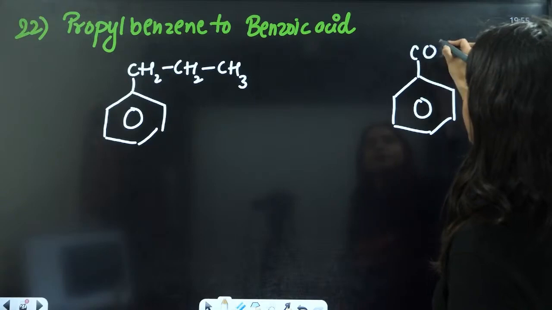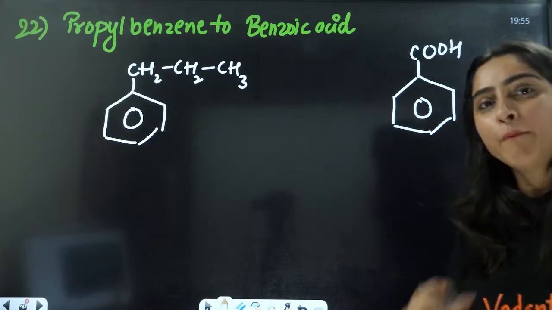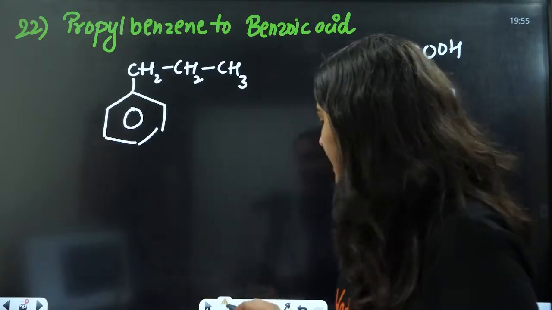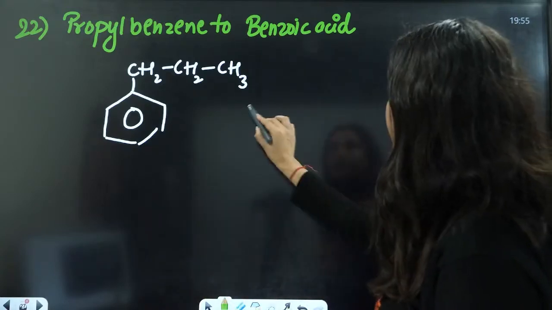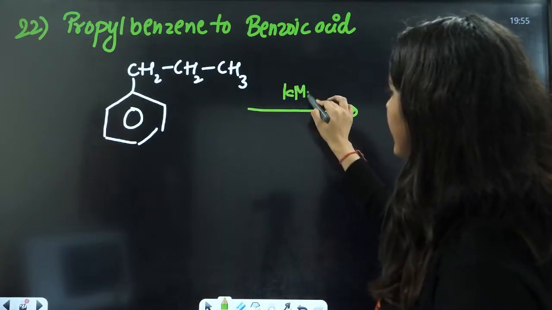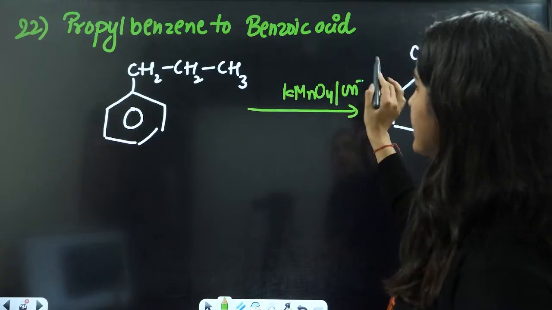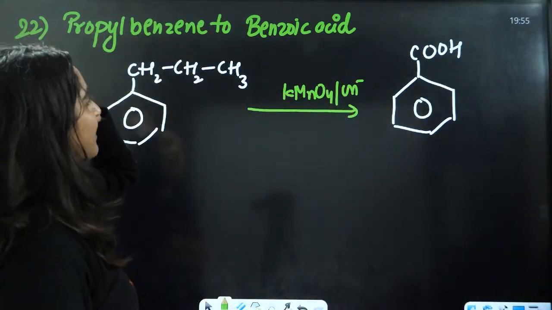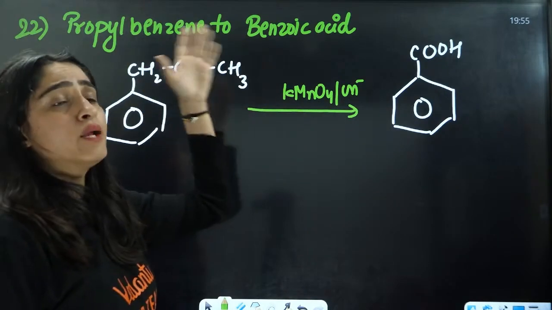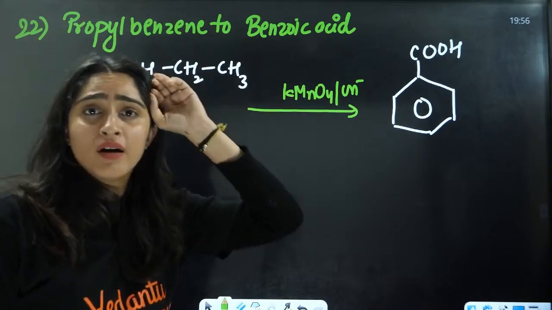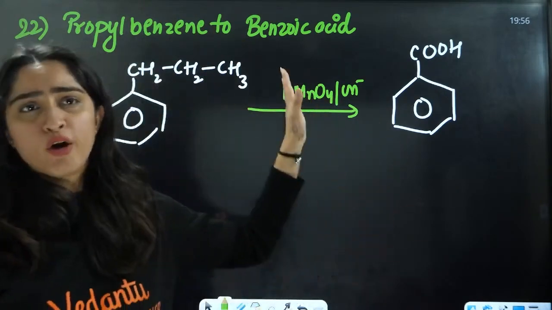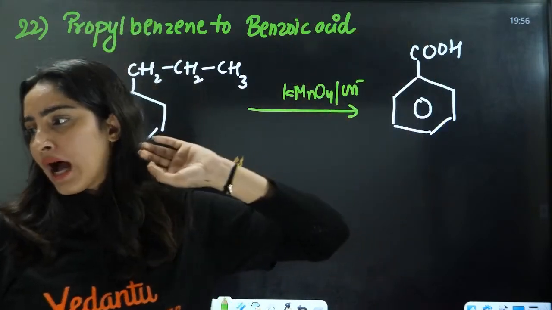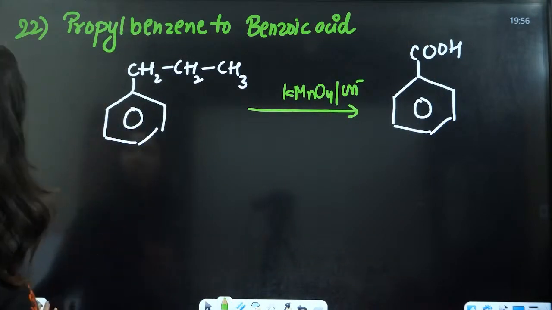For any alkyl chain on the benzene, if you react it with KMnO4 and OH negative, whether it's ethyl, methyl, propyl, butyl, hexyl, heptyl, any chain will be converted into benzoic acid. Understood? Perfect.